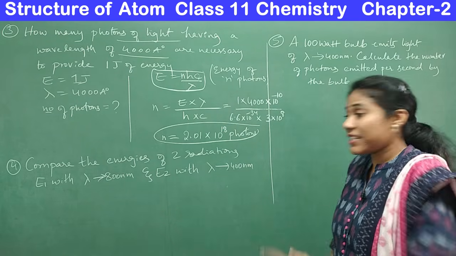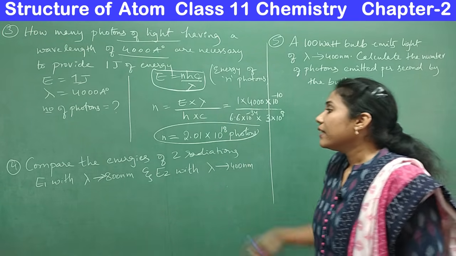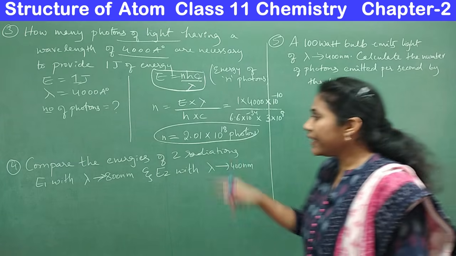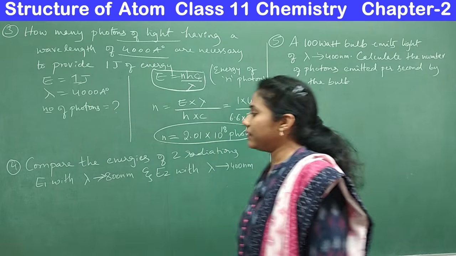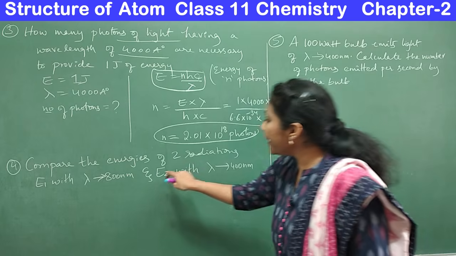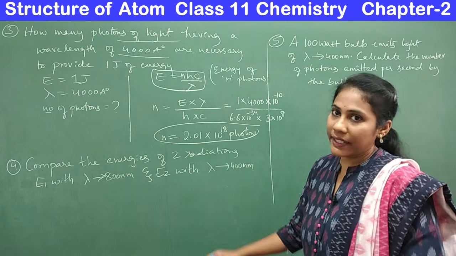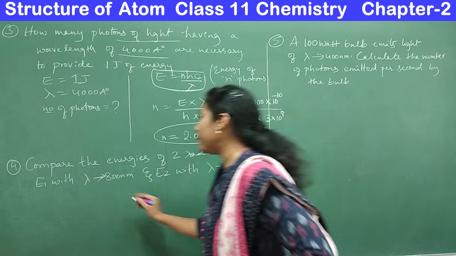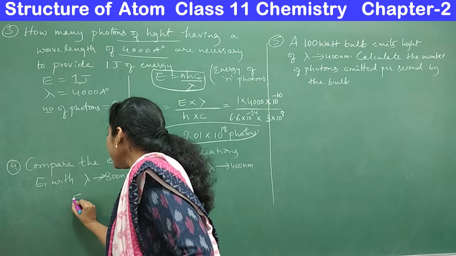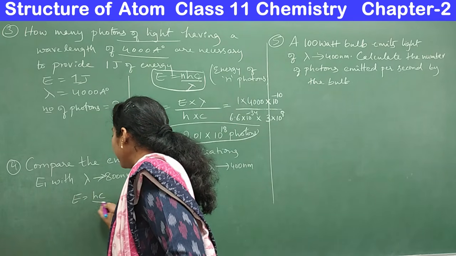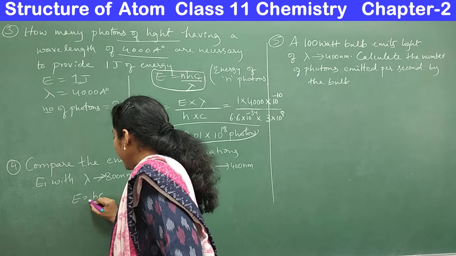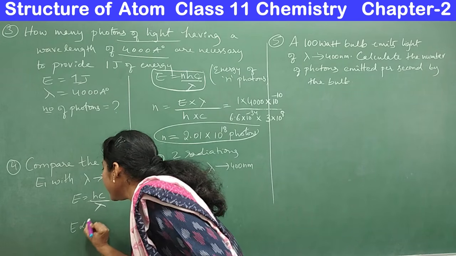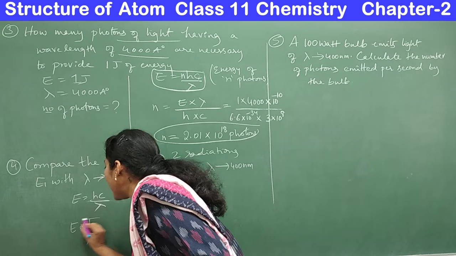Very simple. You just have to apply the concept. Compare the energies of two radiations, E1 with lambda 800 nanometer, E2 with lambda 400 nanometer. Right? So how is energy related to lambda? Say E is equal to hc by lambda, isn't it? So that means energy is inversely proportional to lambda.